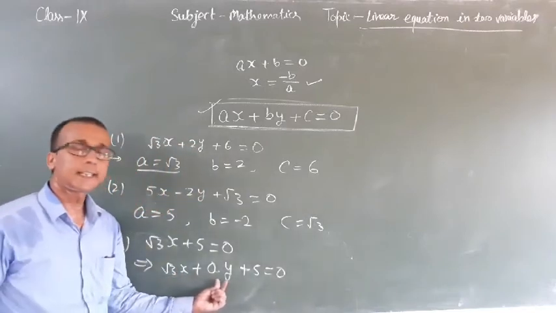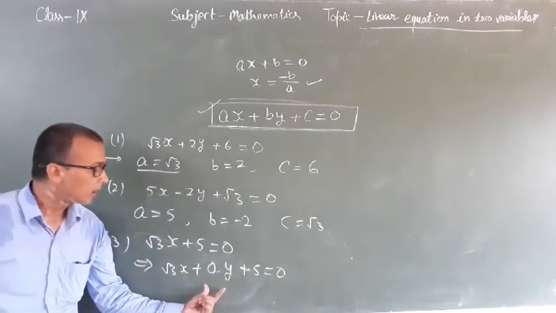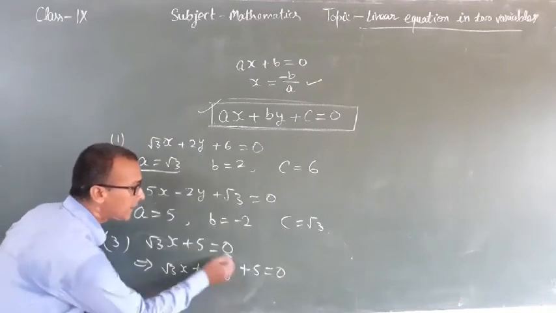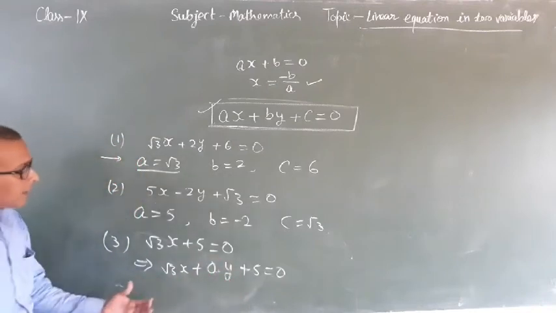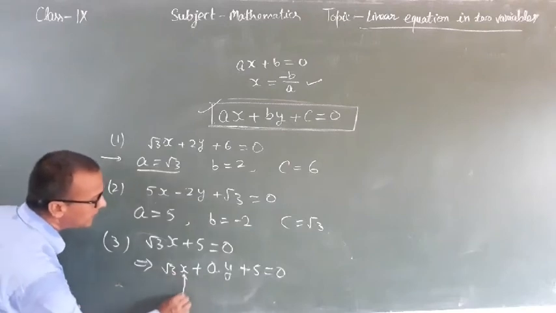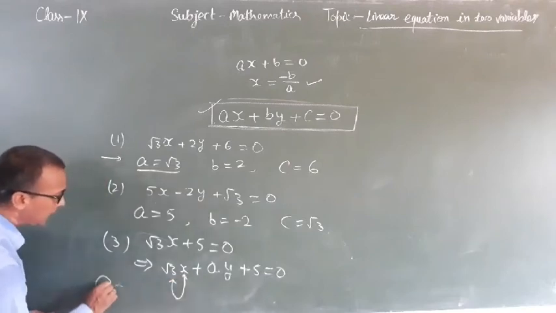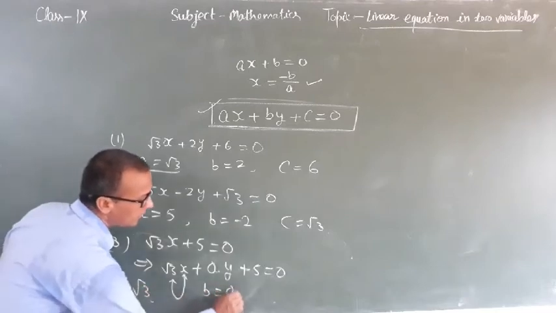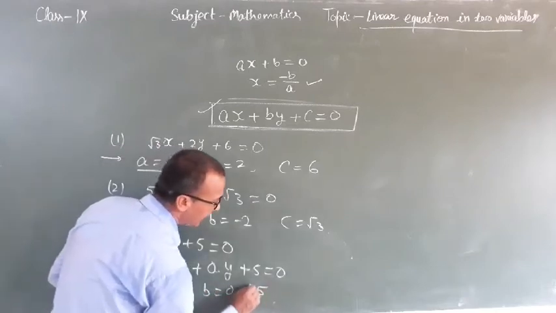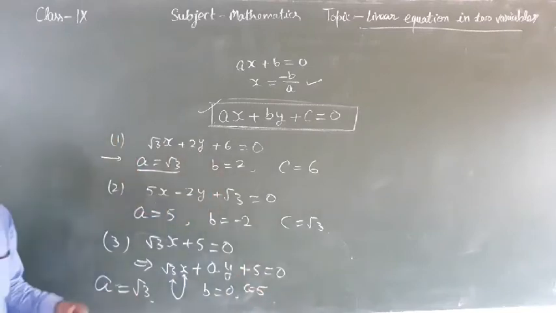Here the coefficient of y is 0, so this term is 0, and so it is absent here. The coefficient of x is root 3, so the value of a is root 3, the value of b is equal to 0, and the constant term is 5, that is c is equal to 5.